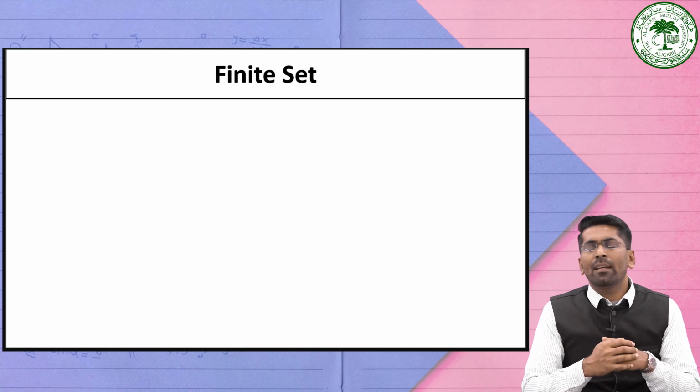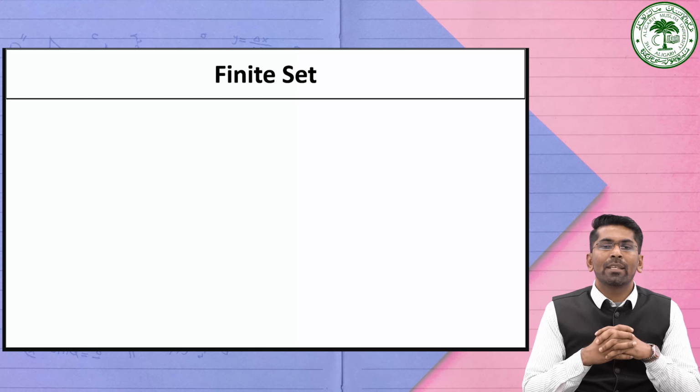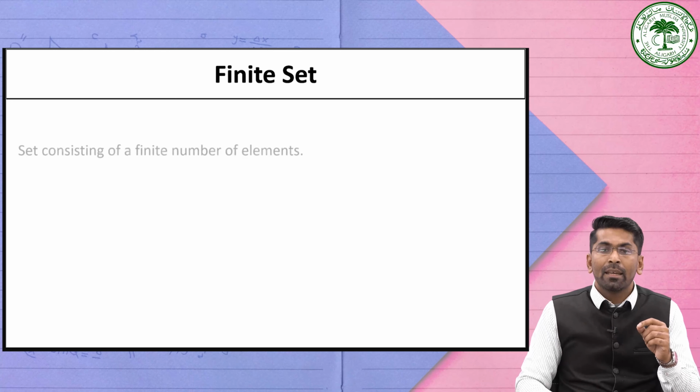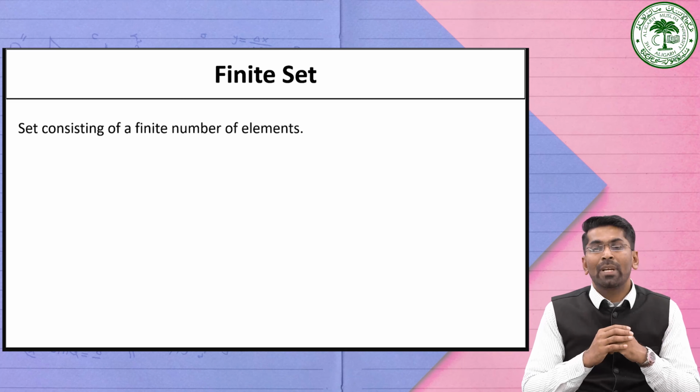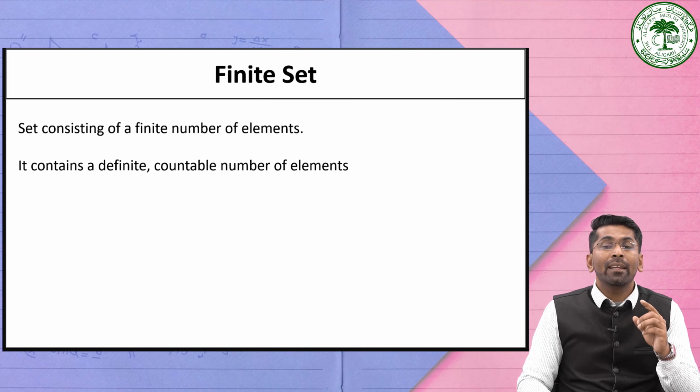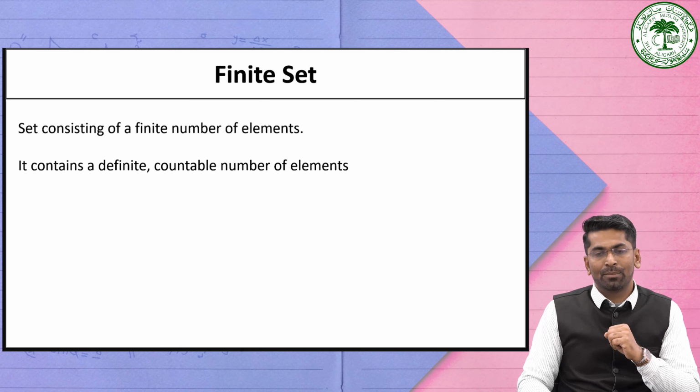Now let us consider another type of set, which is known as the finite set. A finite set is a set consisting of a finite number of elements, which means that it contains a definite, countable number of elements.